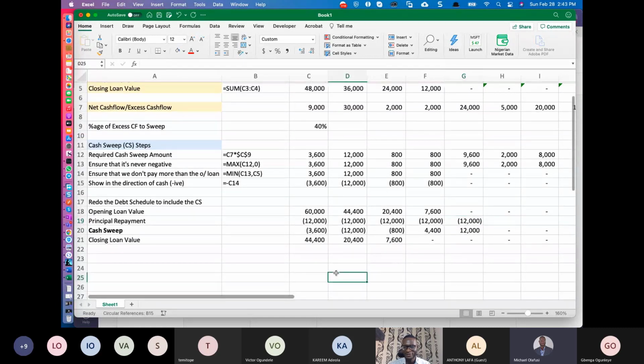Let me ask you, what is looking off? Can somebody volunteer? Okay, Victor even has noticed it. So what is not working there? So that we'll fix it together. I know it, I've seen it. Chibuzo is saying timing of cash sweep.